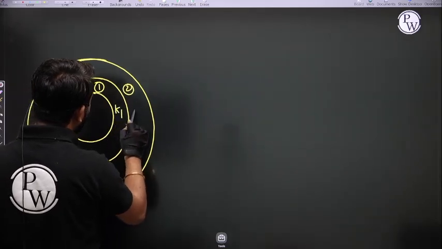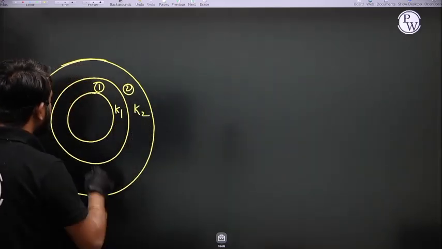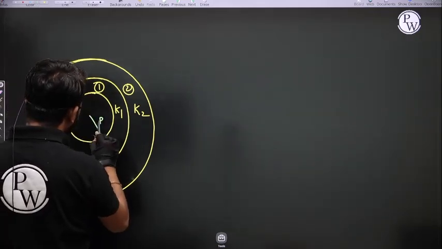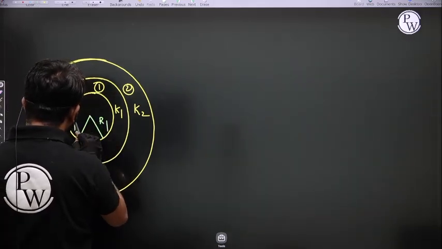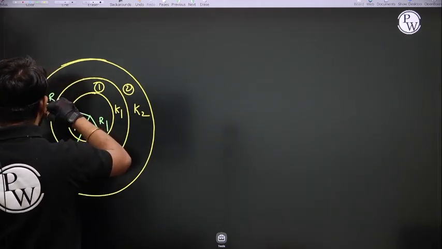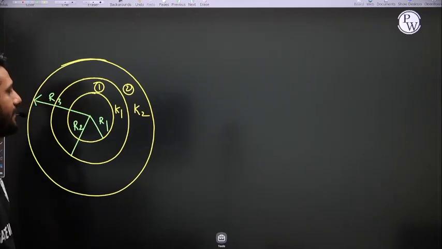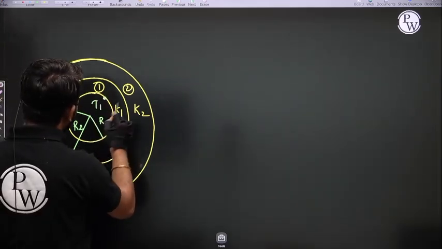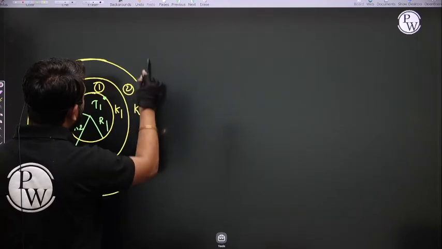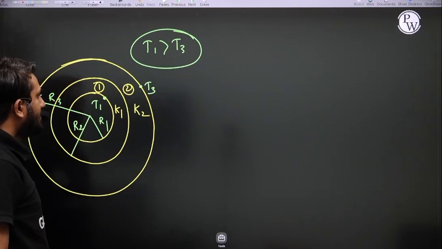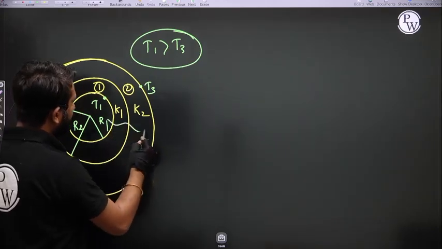Here the thermal conductivity is K1, here it is K2. This is the radial distance R1, this is R2, and here the radius is R3. Here the temperature is T1, here the temperature is T3, and T1 is greater than T3. So what is the rate of conduction heat transfer?